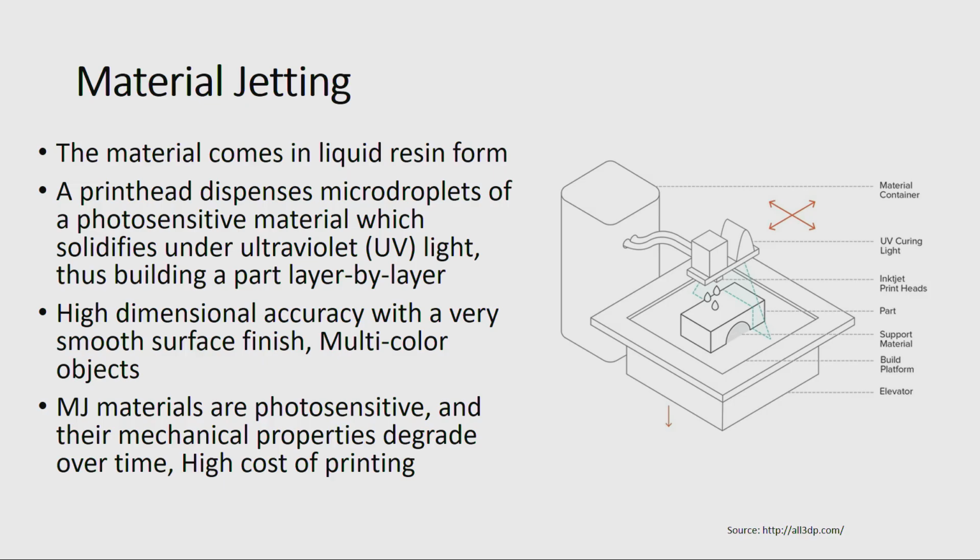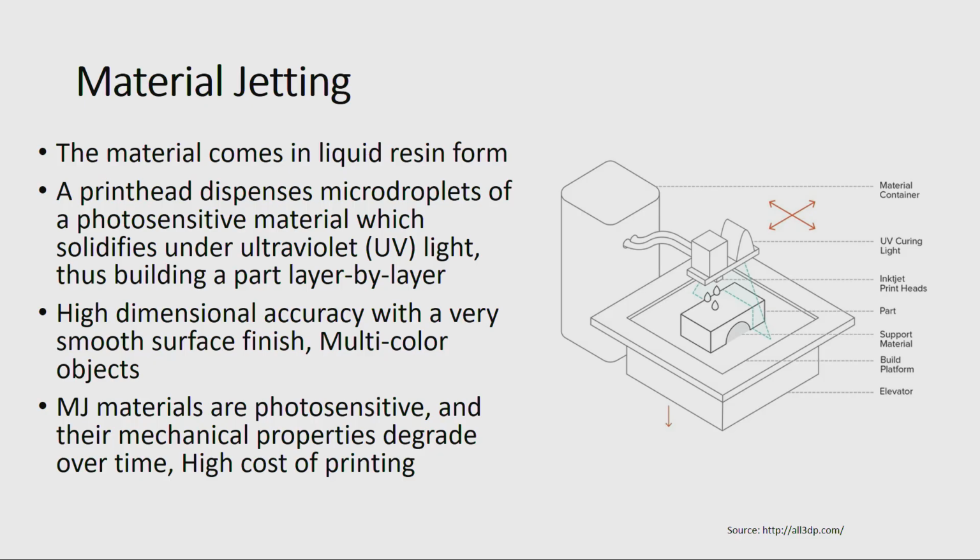So the material jetting 3D printer deposits UV curable ink, the UV light cures the deposited ink, and layer by layer the 3D object is made.